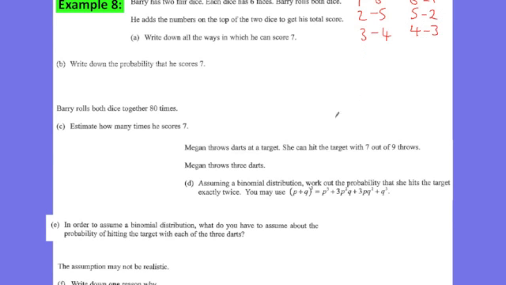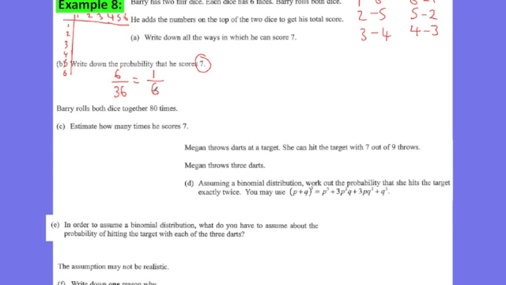We're asked to write the probability that he scores a 7. Well, it happens 6 times out of possible outcomes of 36. You can see that by doing a table with 1, 2, 3, 4, 5, 6 across here and 1, 2, 3, 4, 5, and 6. So there are 36 different combinations. So here, the probability of scoring a 7 simplifies to 1 over 6.